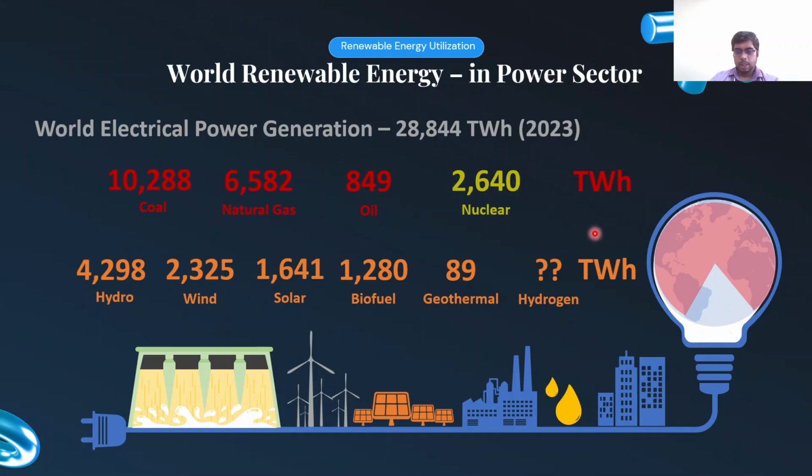So that's why, as I said, people have set up various sustainability goals as well as various targets like carbon neutrality targets. For example, Sri Lanka has set up its carbon neutrality target to achieve in 2050, including various other countries.